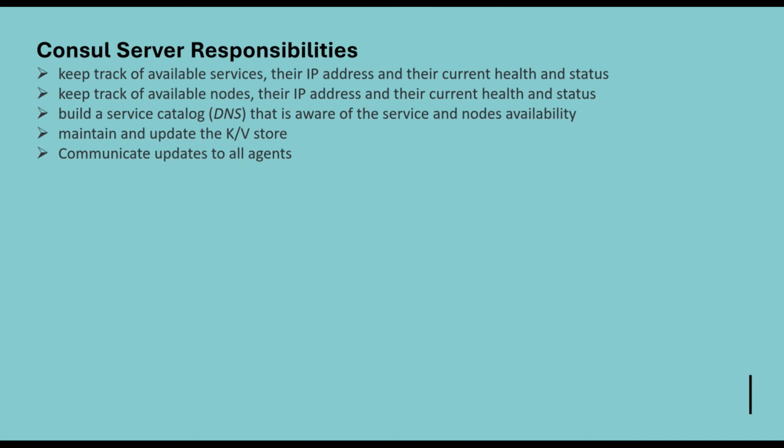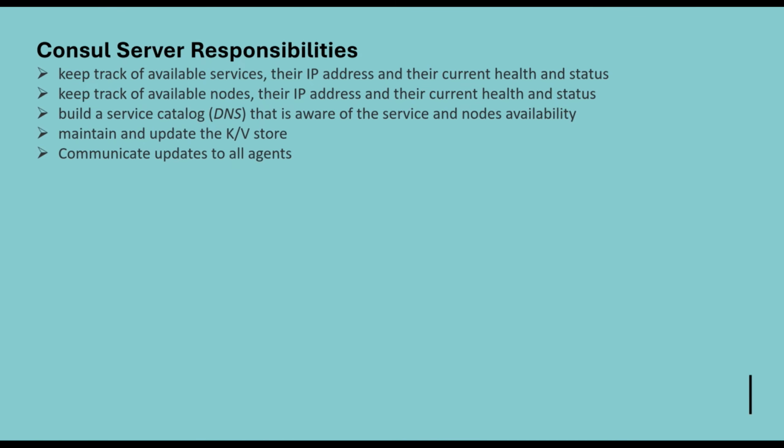It also keeps track of all available nodes. Suppose there are 3 or 4 nodes participating and forming a Consul cluster; it keeps track of all available nodes, their IP addresses and their current health status, including which nodes are up and which are down.